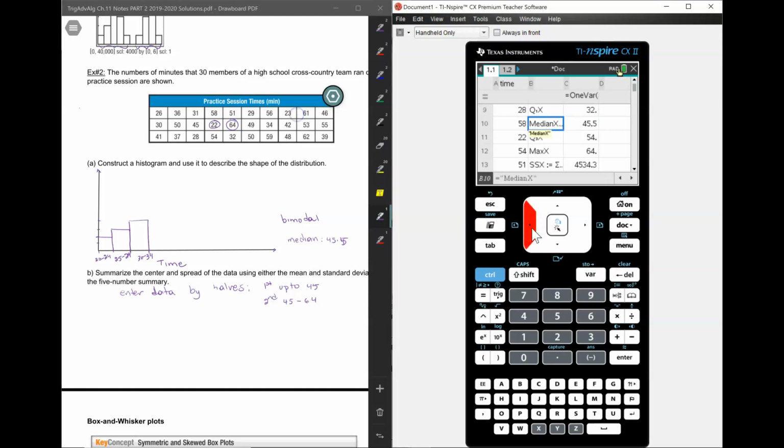All right, so if we go back here, I want to delete these. You can select like this, drag, and delete your data. Okay, I already have the 1 variable statistics there. So now whatever I put in, it'll calculate for me.